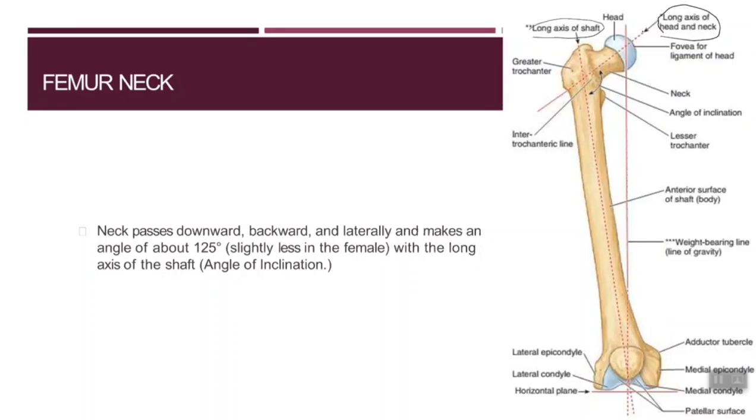Between these imaginary lines, we have one important angle. That is named the angle of inclination, or neck shaft angle. Usually it is about 125 degrees, and this angle is important for the efficiency of some muscles around the femur.